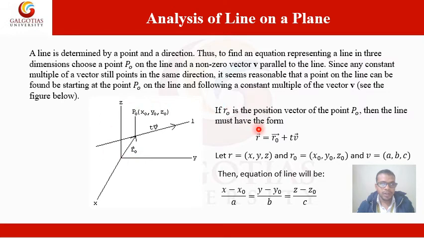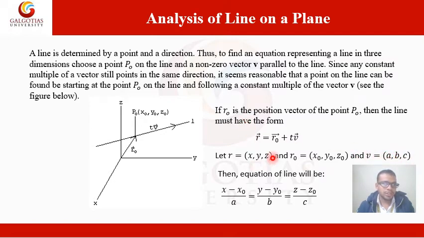If I look at the position vector, r0 is the position vector of point P0, then the line must be of the form r vector is equal to r0 plus t times v vector. Since r is in Cartesian form, I can write it as x, y, z in the 3-dimensional figure. r0 can be represented as x0, y0, z0, and v is a, b, c.